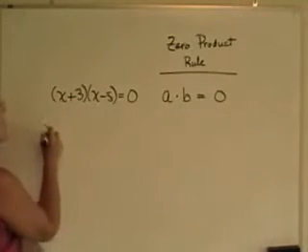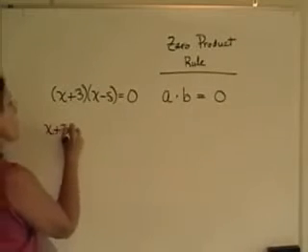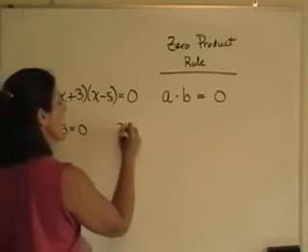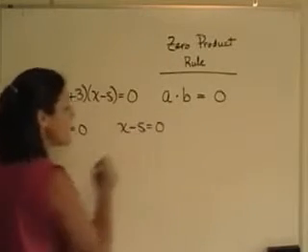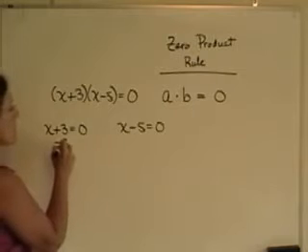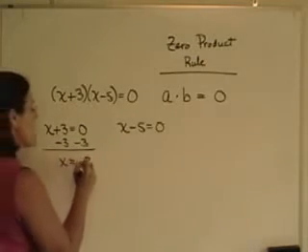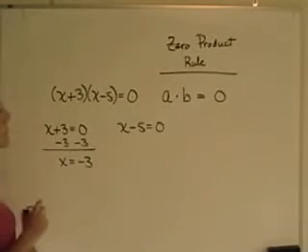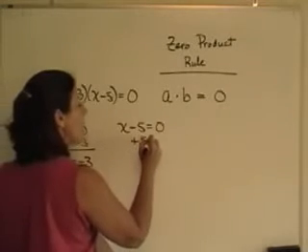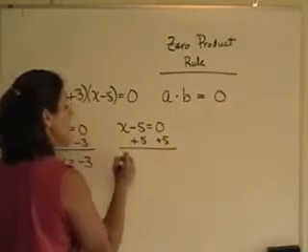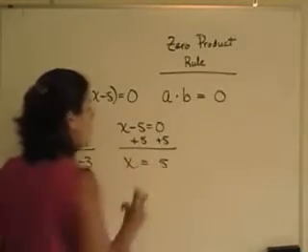So what we do is we take those factors, we set them equal to 0, and we solve these linear equations very simply. I'm going to show the steps, but by now you're not even showing that work. I'll subtract 3 from both sides, and I see that a negative 3 will work in this equation. Over here I'm going to add 5 to both sides, and I see that 5 will work in this equation.